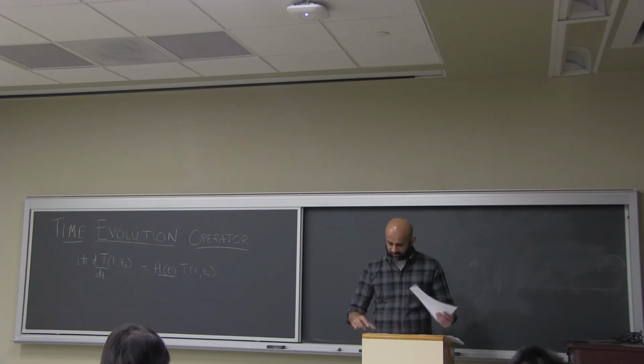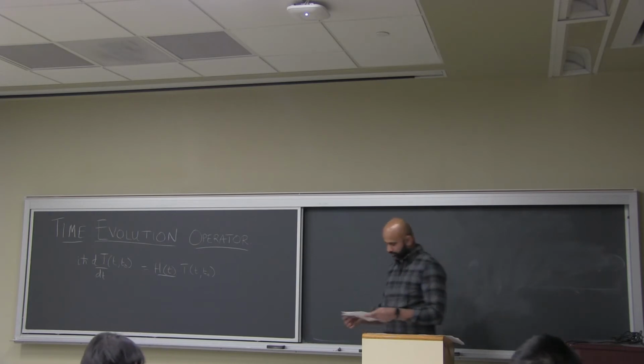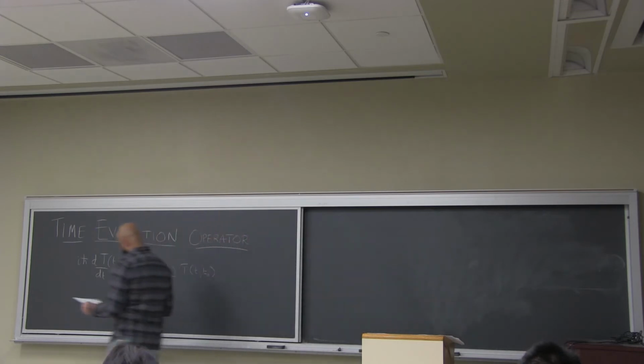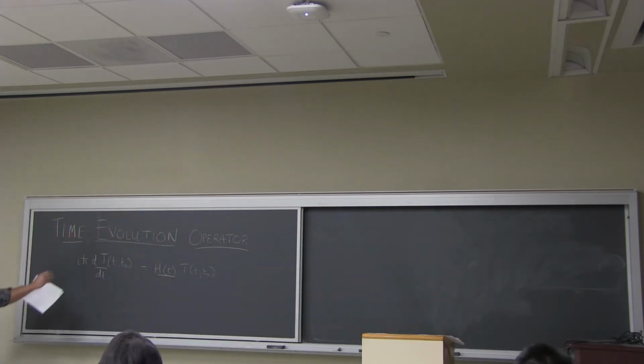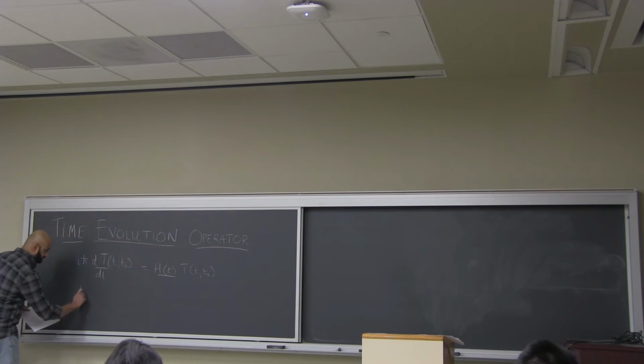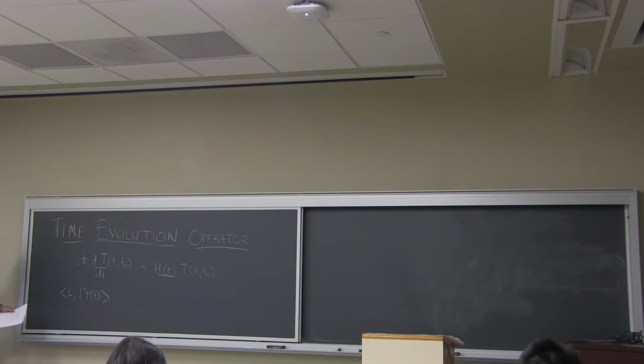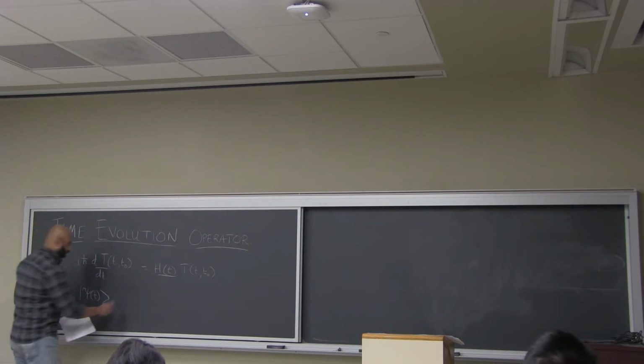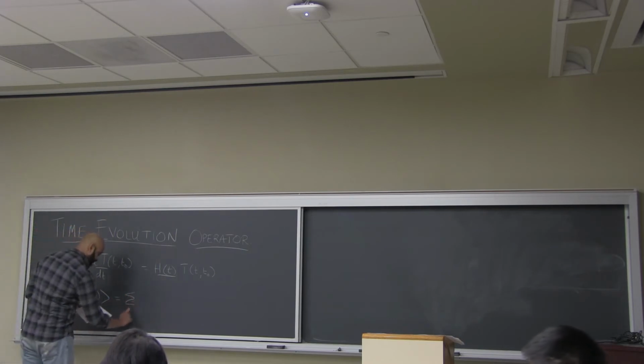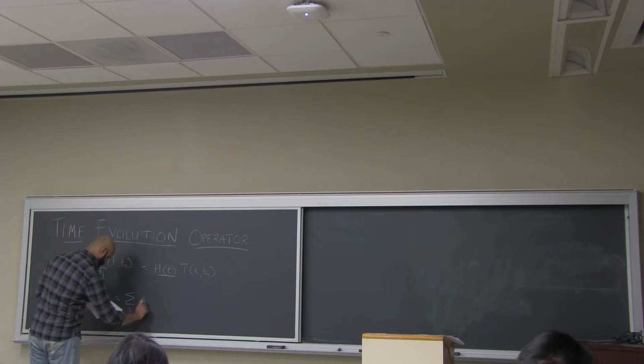And what I'll do is I'll just give you the properties which follow from this simple relationship. I'm not sketching the whole proof here. I'll just tell you what properties I'm using of the time evolution operator. If I take any state ket psi of t, and I consider its projection onto one of the eigenkets of the observable L, then this can be written as a sum over i.